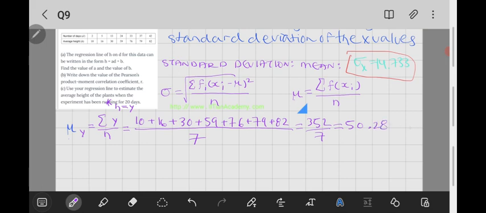We'll round to 3 digits, so I will round my 5 to 6. Now we will use this standard deviation formula to find the standard deviation of our y value.